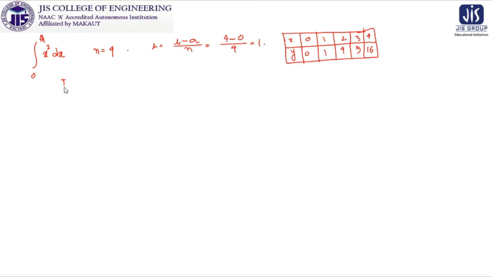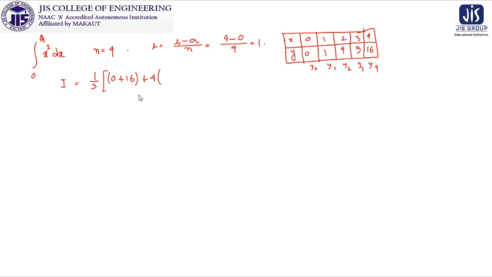So the formula gives us this clue that it will be 1 by 3, then y0 plus yn plus 4 into y1, that is 1, and you can see that it is my y0, it is y1, y2, y3 and y4.